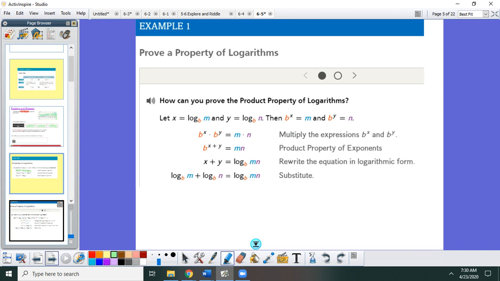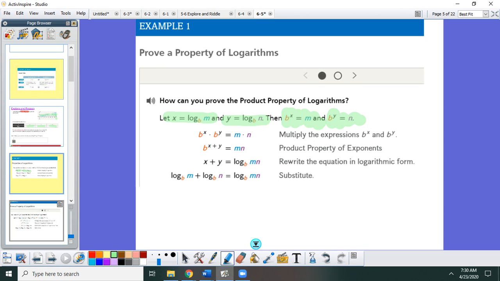Although you don't have enough space in your companion, it's a really good idea to write out what's going on here, because they're telling you, okay, well, x is going to represent log base b of m. y is going to represent log base b of n. And so when you're thinking about this, you'll rewrite those then that b raised to the x power is m and b raised to the y power is n. And so those are things that we know to begin with.